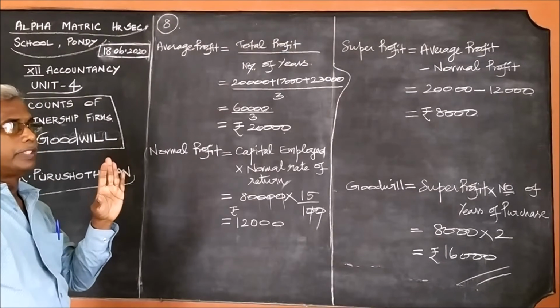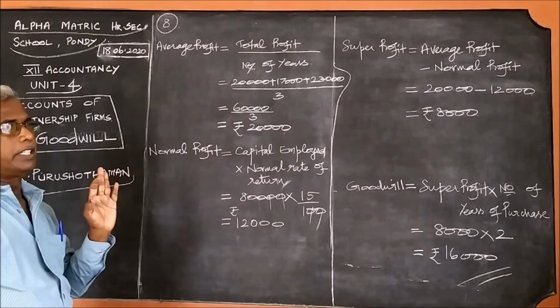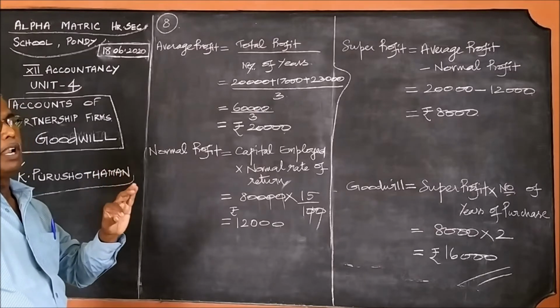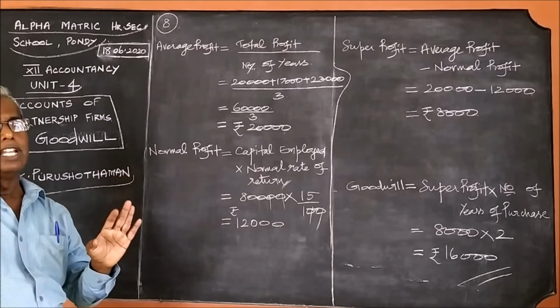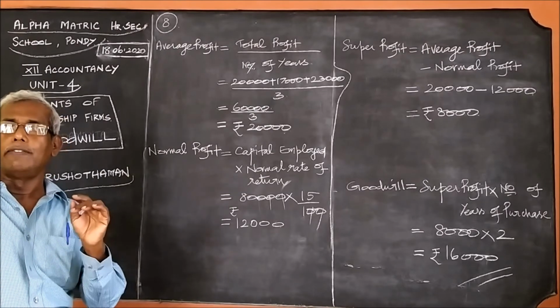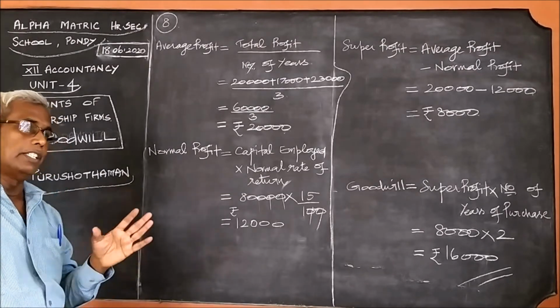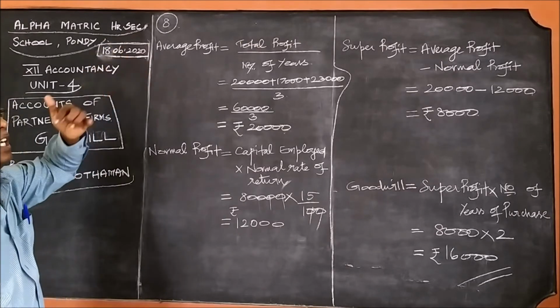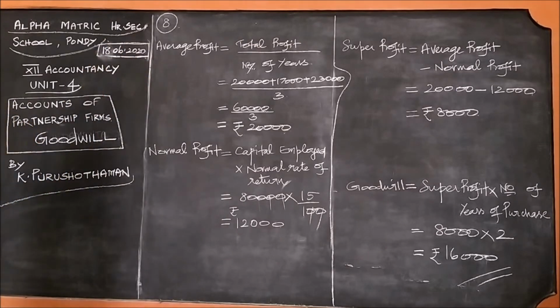And out of that average profit method, there are two subdivisions. One is the simple average profit method. The other one is the weighted profit method. Those two methods we have seen already in sums 1 to 6.